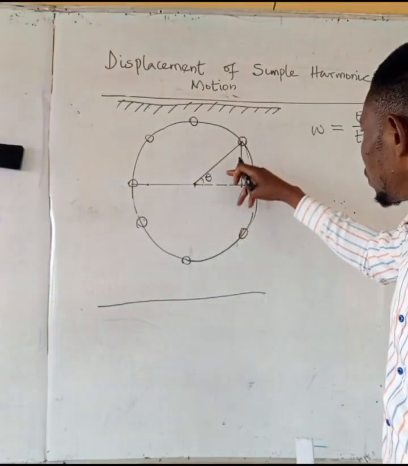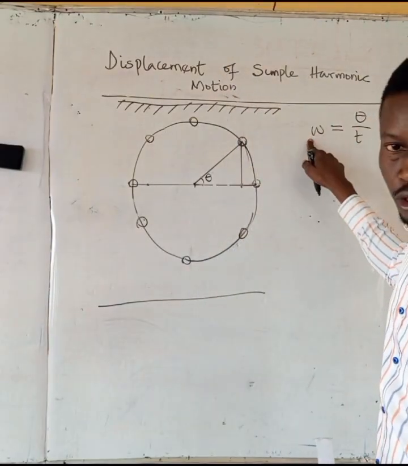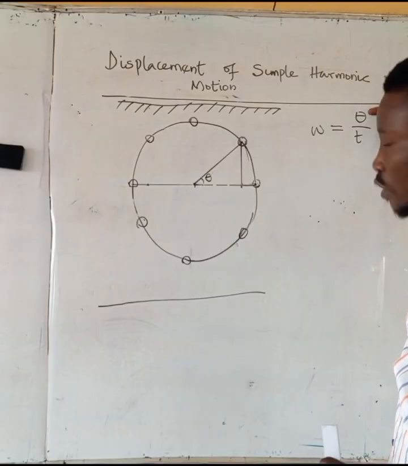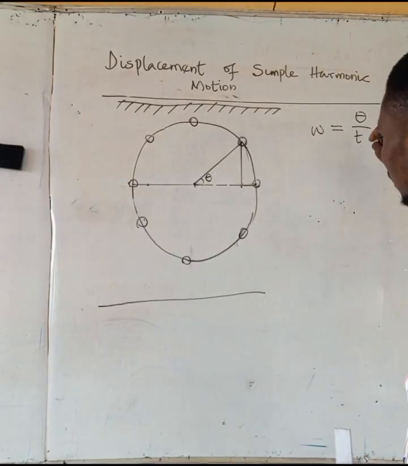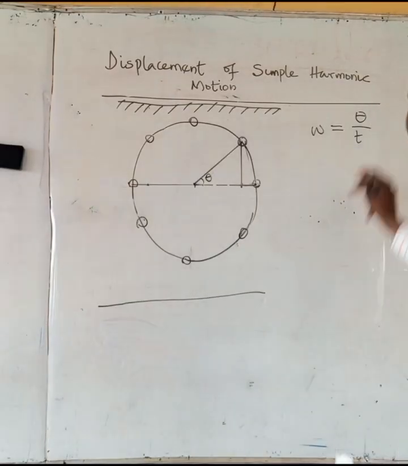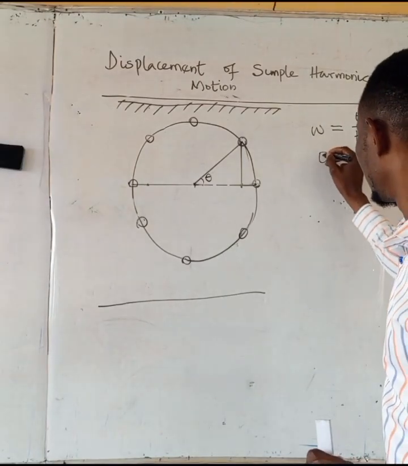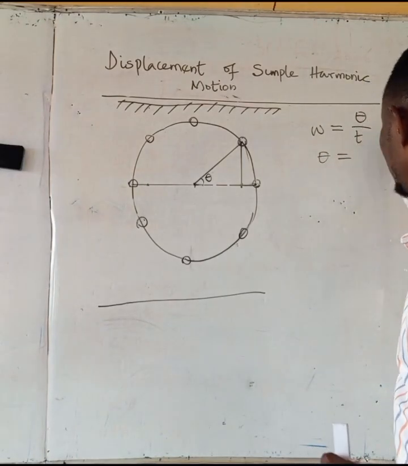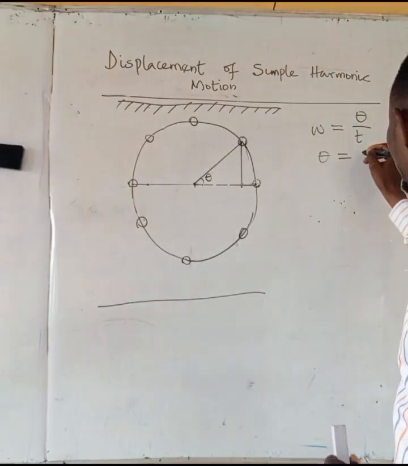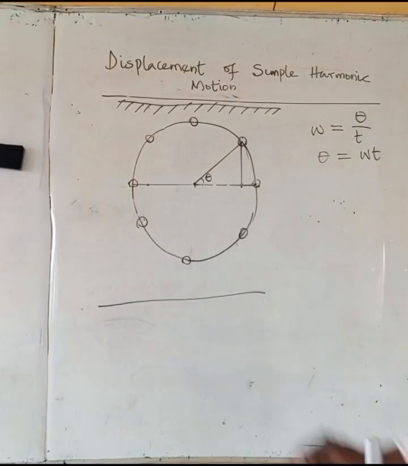In angular measure, angular velocity is equal to angular displacement divided by time. So from this equation, we can obtain theta equal to omega t.